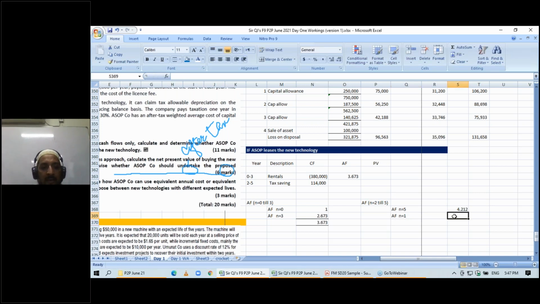So n equals 1 is 0.943. You have to deduct it because we don't need the fraction from year 1. In year 1 there are no tax payments or savings. So the sum of both of these is 3.269.